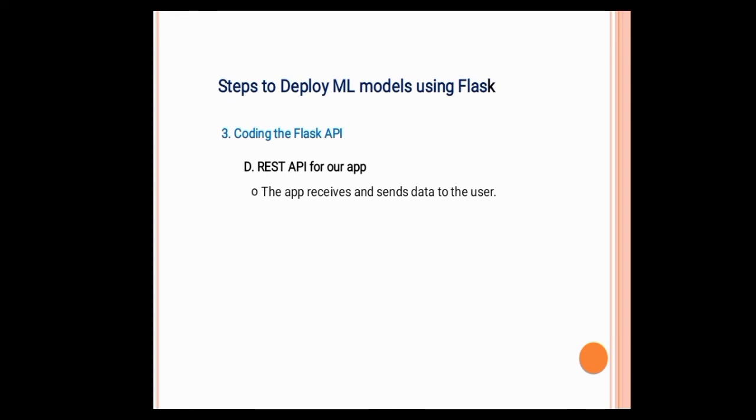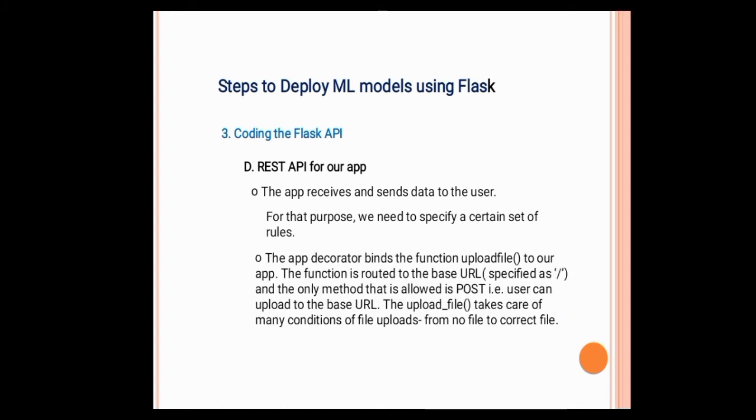REST API for the app. REST stands for Representational State Transfer and is an architectural style used in modern web development. The app receives and sends data to the user. For that purpose, we need to specify a certain set of rules. The app decorator binds the upload_file function to the app.